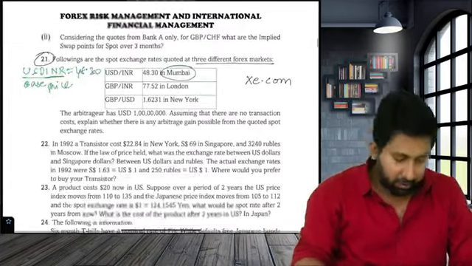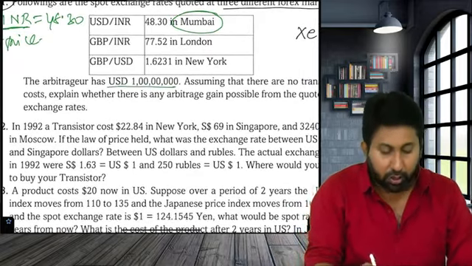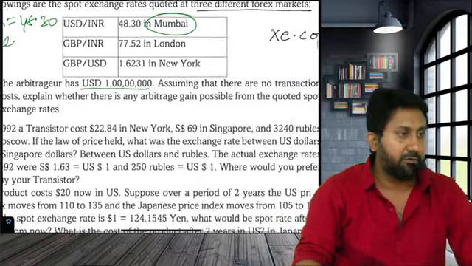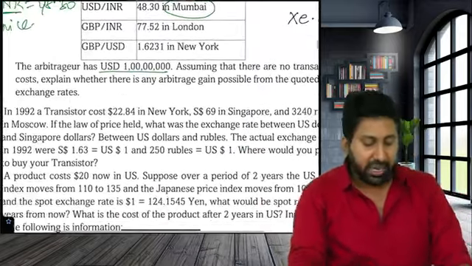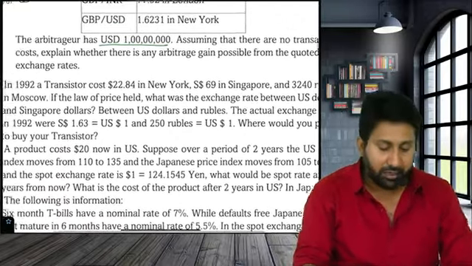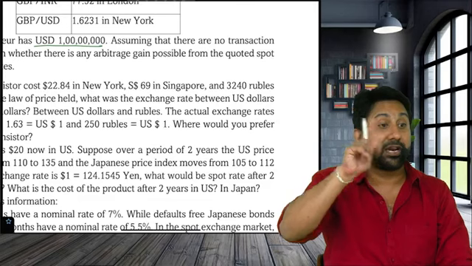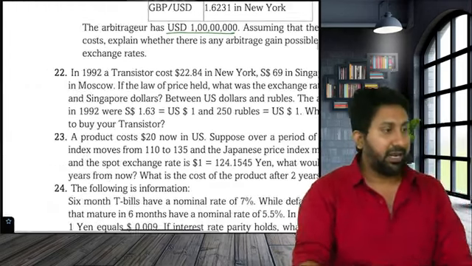Okay. Now there is an arbitrageur who has 1 crore US dollars. Assuming that there are no transaction costs, explain whether there is any arbitrage gain possible from the quoted spot exchange rates. That's why these are called quoted currencies. I told you, that's why you use the words quoted spot exchange rates.